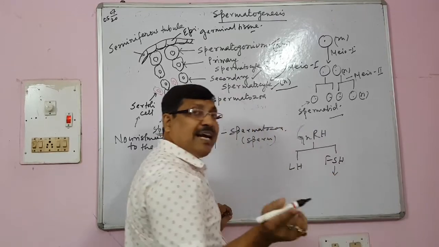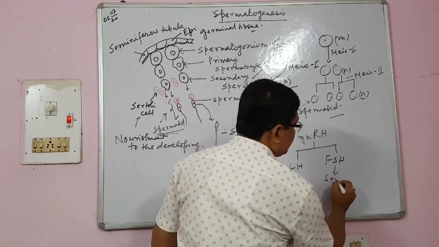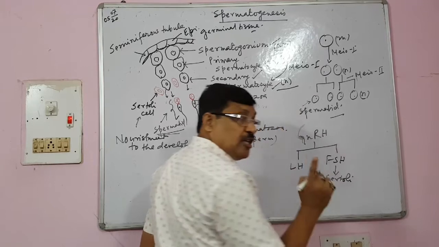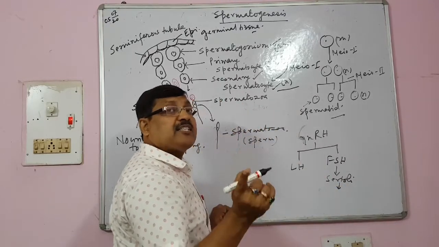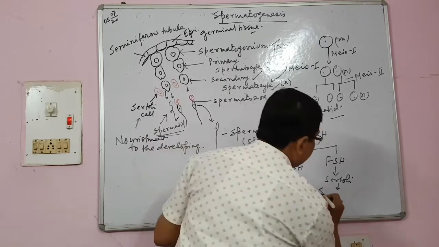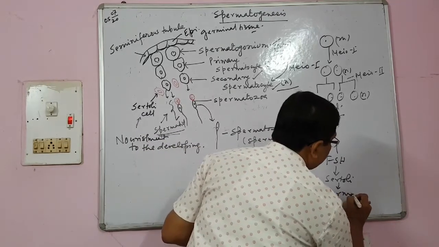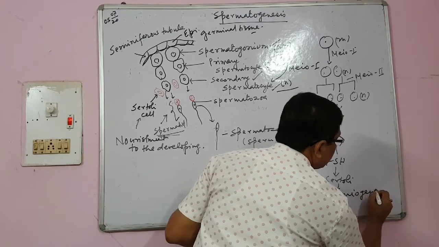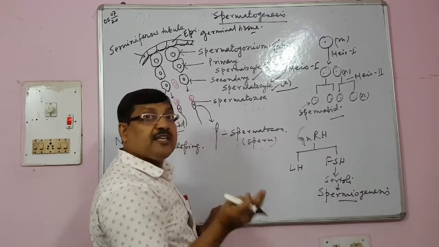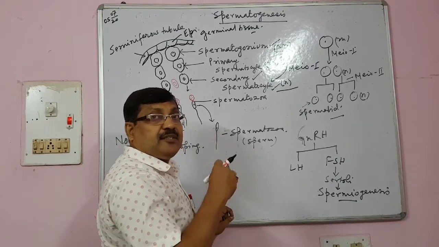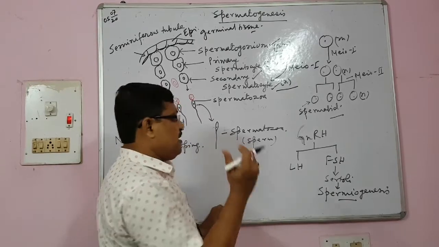FSH will act on the Sertoli cell, and the Sertoli cell will help in spermiogenesis. Spermiogenesis means transformation of a spermatid to a spermatozoa.